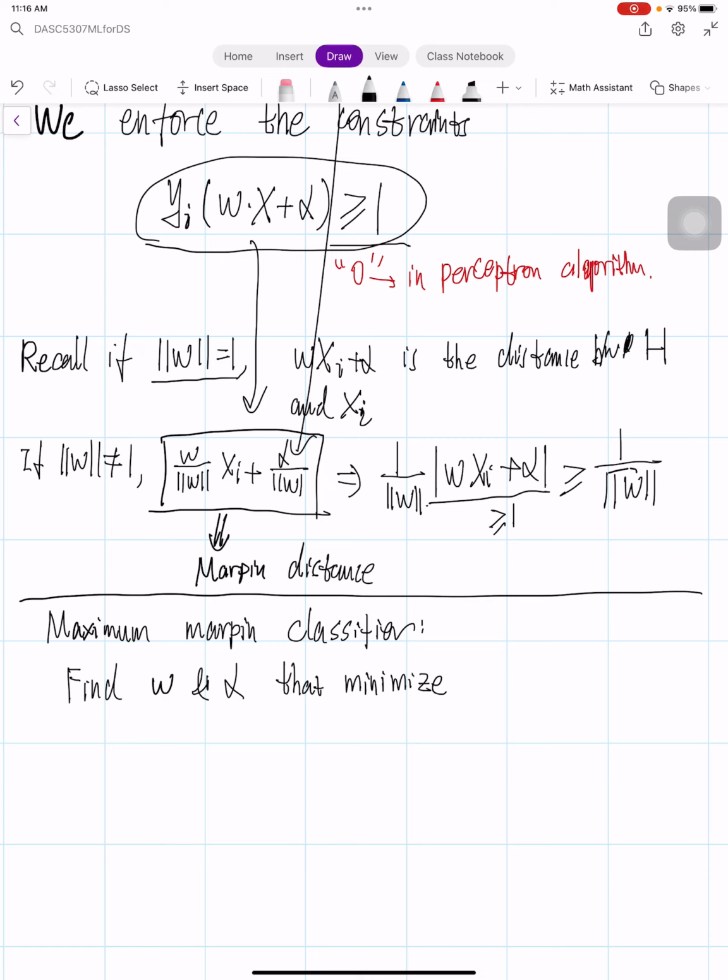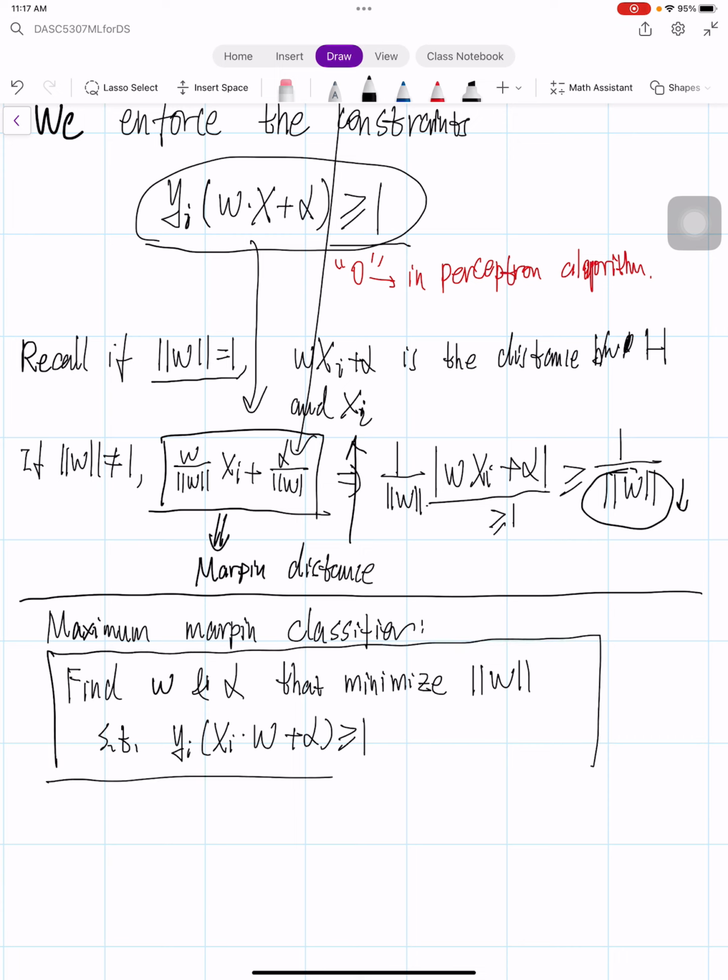If this omega is smaller, this margin distance will increase, right? So we want the minimum of this omega, but subject to the constraints yi times the decision function of xi plus alpha is greater than or equal to 1. So this is called the maximum margin classifier.